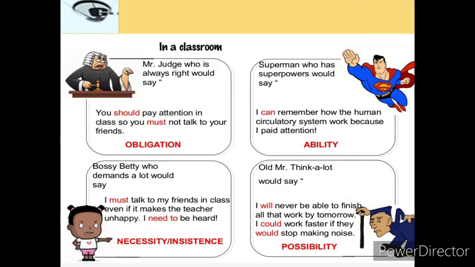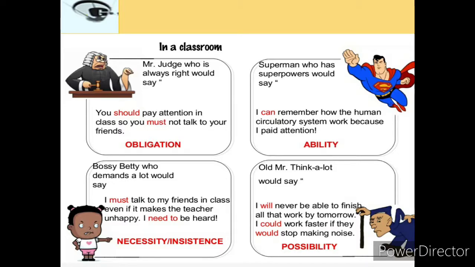I need to be heard. It is necessity or insistence." Superman, who has superpowers, would say, "I can remember how the human circulatory system works because I paid attention. It's showing ability. I can remember, showing ability."